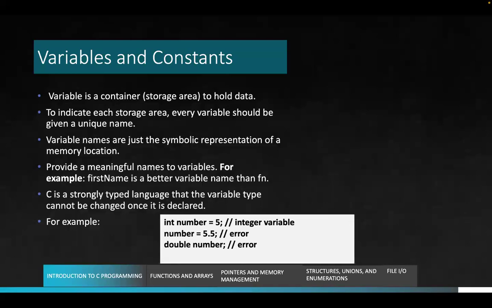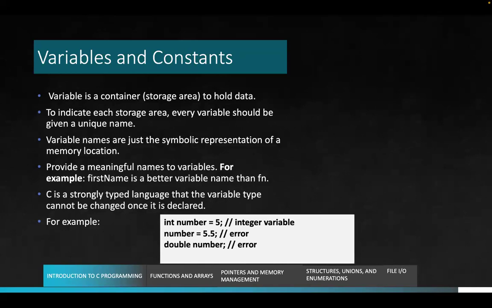While writing the program, you have to give meaningful names to the variables. For your reading purpose in the future, if you open the file and see the code you have written, you need to understand it. For that purpose, you need to name the variables properly. For example, first name (FIRST NAME) is a better variable than fn. If you write fn is equal to a, you won't understand.